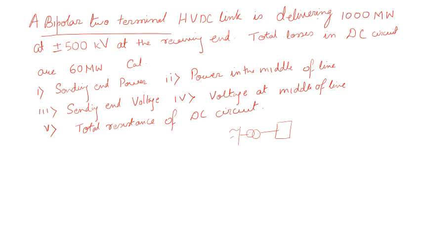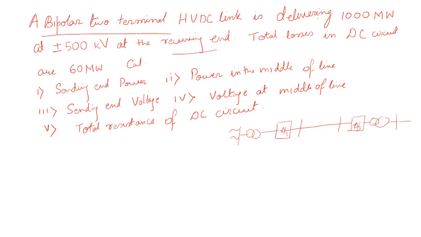So this was our rectifier end, and this is our inverter side, right? Now that's the function. Now this is our rectifier side, and this is our inverter side. So what it talks about is the 1000 megawatt at the receiving end.